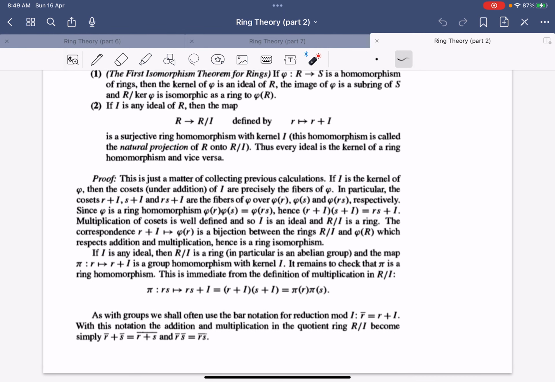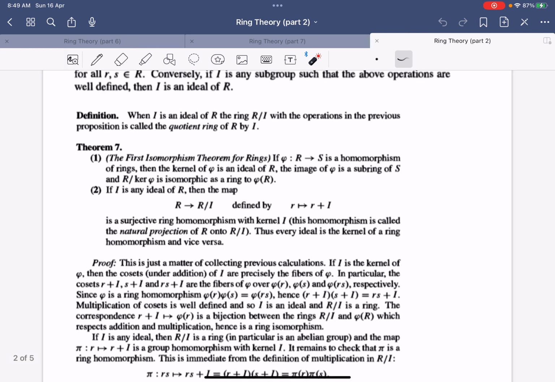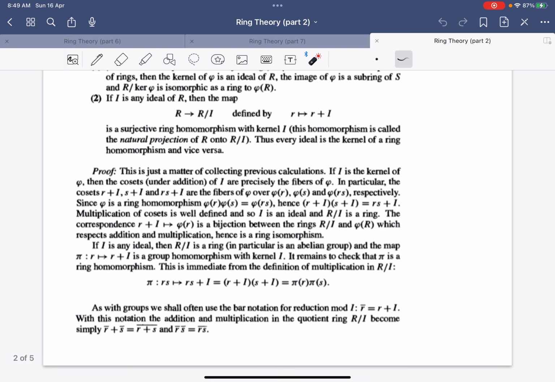For the second isomorphism theorem, if I is an ideal of R, then the map from R to the quotient ring is surjective with kernel I. And so every ideal is a kernel of some ring homomorphism.